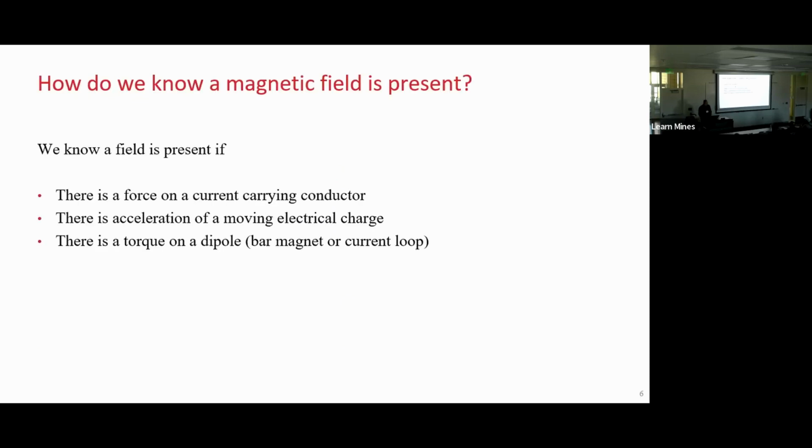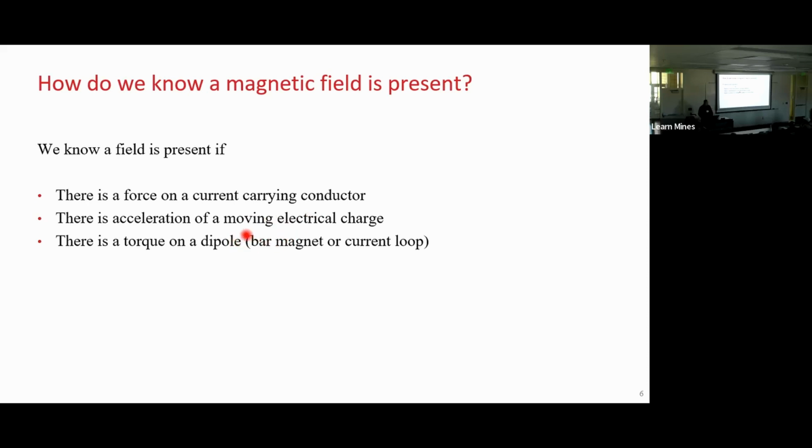Now, let's go to the fundamentals. How do we know a magnetic field exists? There are 3 things that happen. First, if there's a force on a current carrying conductor, you have wires with current through them, and if these wires start to move, you know something is happening, and that something is the magnetic field.